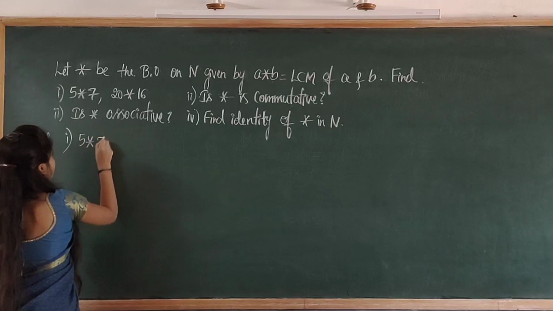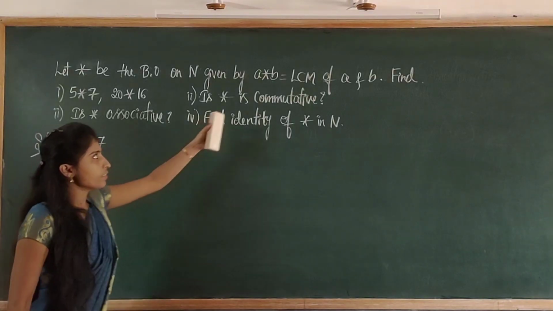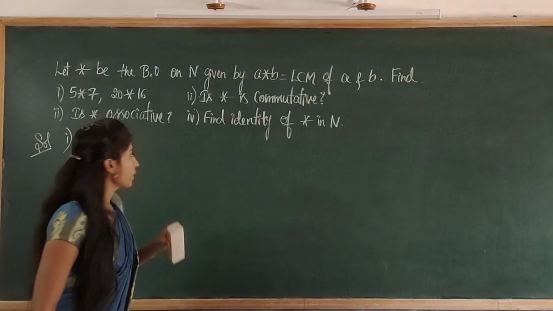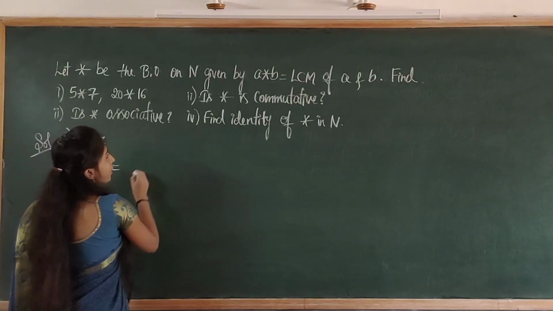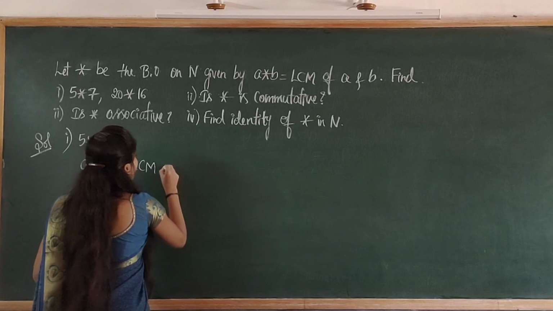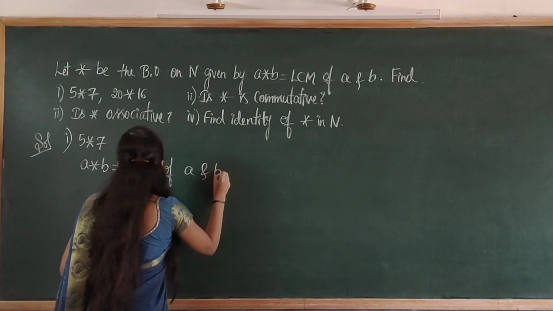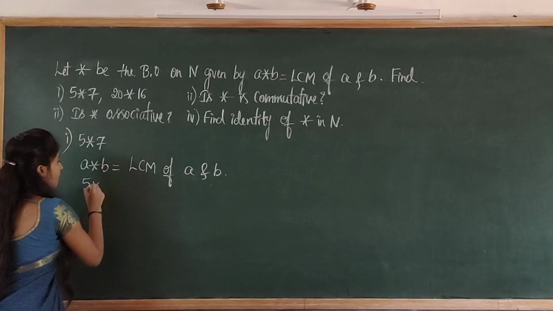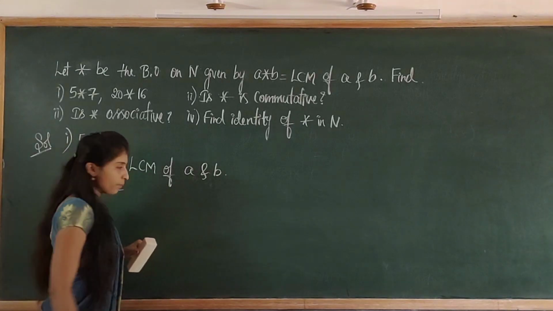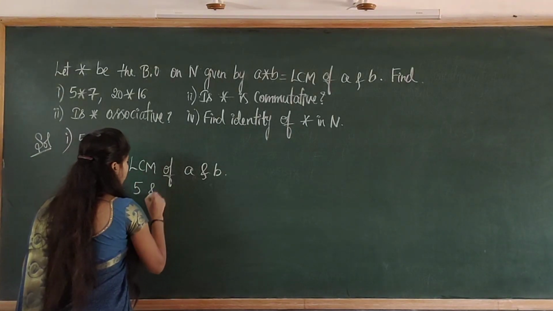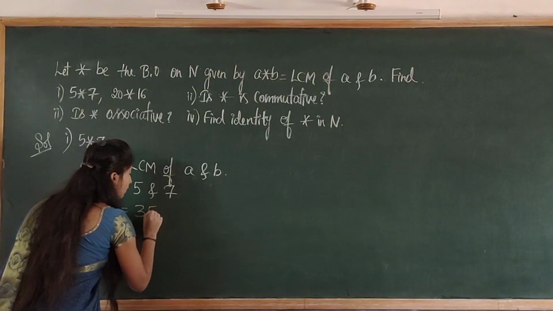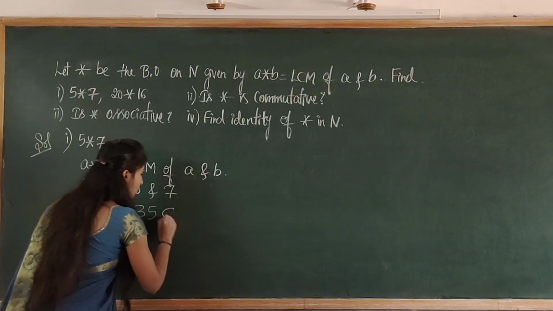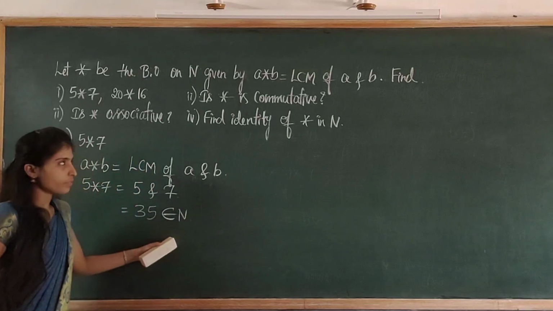5 star 7 means LCM of A and B is given, so A star B is equal to LCM of A and B. So here I will take 5 star 7. LCM of 5 and 7 is 5 into 7, that is 35. 35 belongs to natural numbers, so it satisfies.